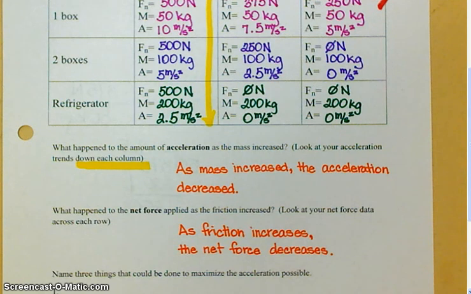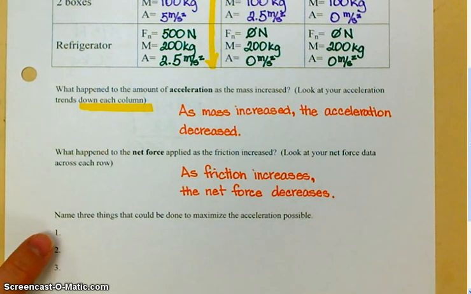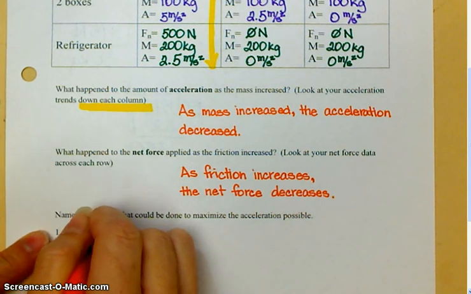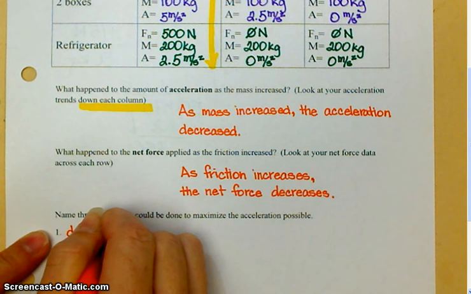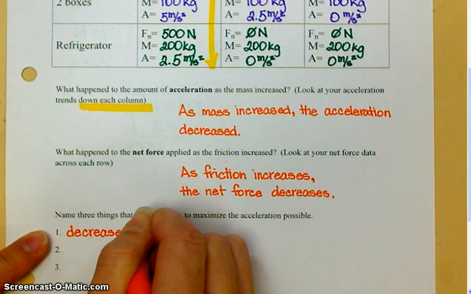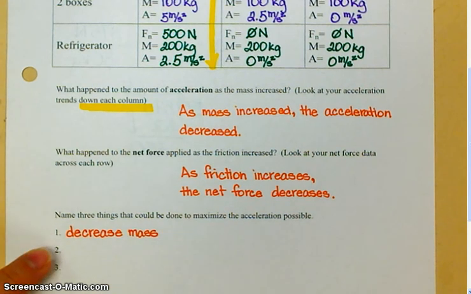The last question says, name 3 things that could be done to maximize the acceleration possible. Well, if you do a little bit of thinking, the first thing that you can do would be to decrease the mass, because we noticed that lighter things accelerate more. Okay, so our least massive object is going to accelerate the most, so decrease mass would be 1.